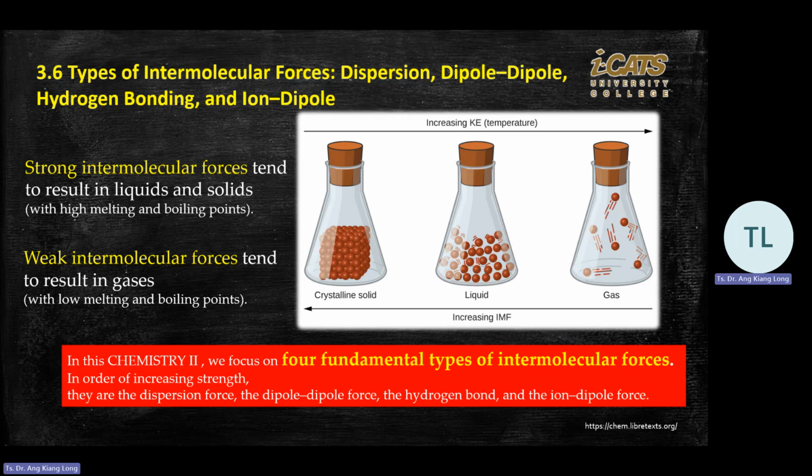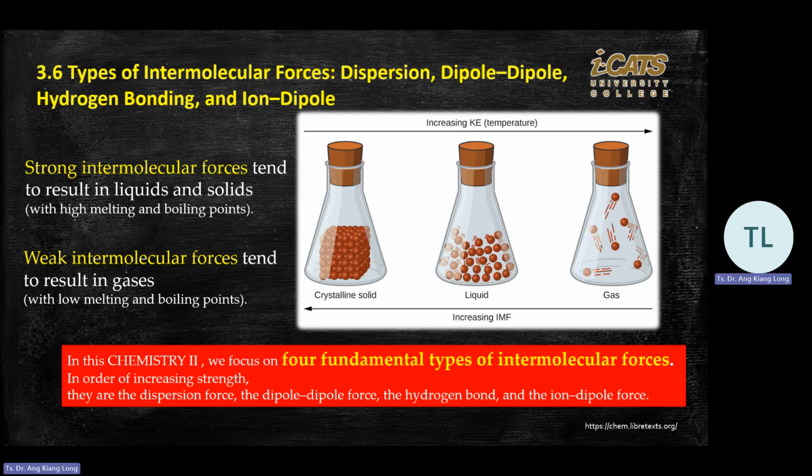Then dipole, then hydrogen bonding, and ion dipole forces, in this sequence. From here, you can predict the melting point. Elements that have ion dipole forces will have a higher melting point compared to dispersion forces.